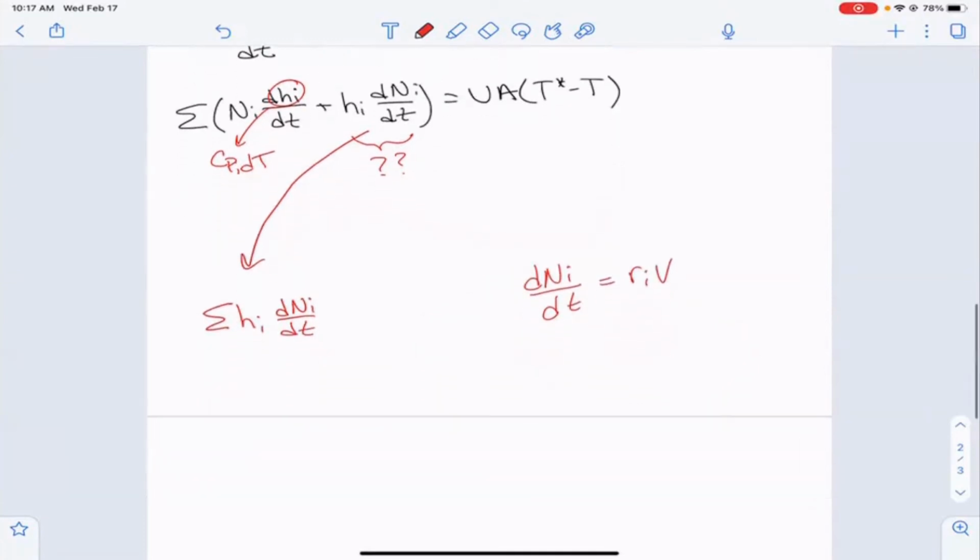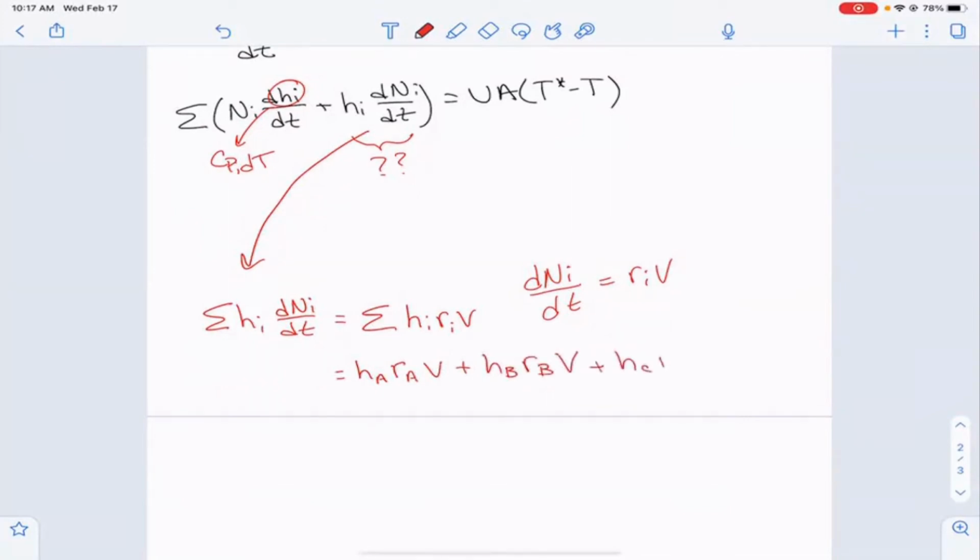So the sum of Hi dNi/dt becomes the sum of Hi times Ri times V. Let's directly implement this for all of our reactants. So this is the enthalpy of A at our temperature times RA times V plus HB times RB times V plus HC times RC times V.